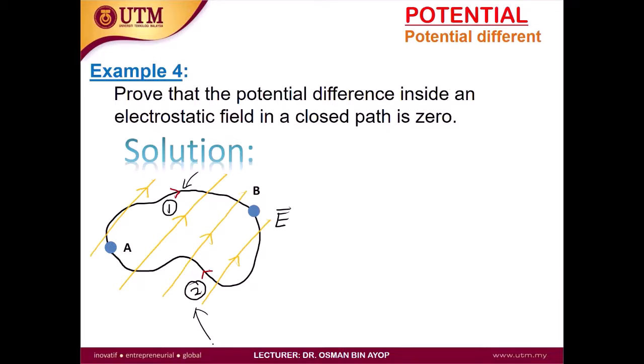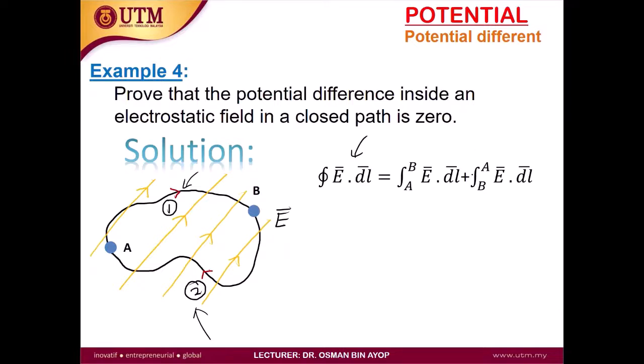When we solve the problem related to this closed path, the closed integration of E dot dl is equal to the integration from A to B of E dot dl plus the integration from B to A of E dot dl.